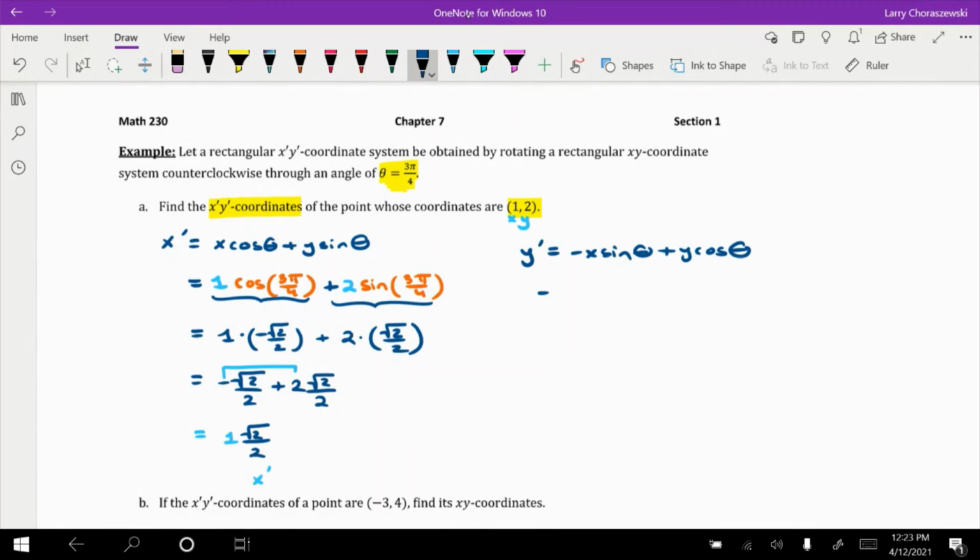All right, so for this one, we're looking at negative 1 times the sine of 3 pi over 4 plus 2 times the cosine of 3 pi over 4.